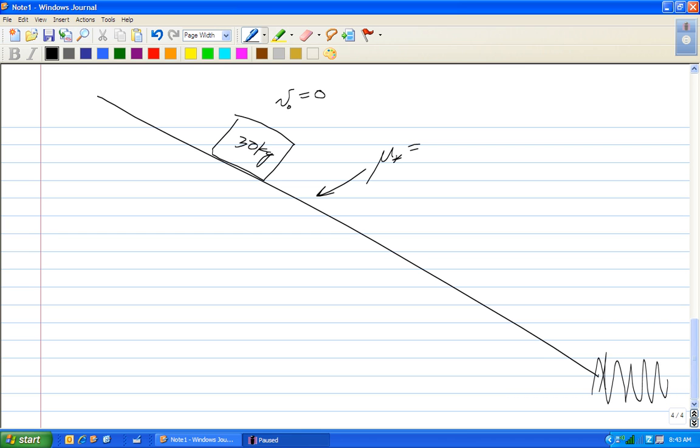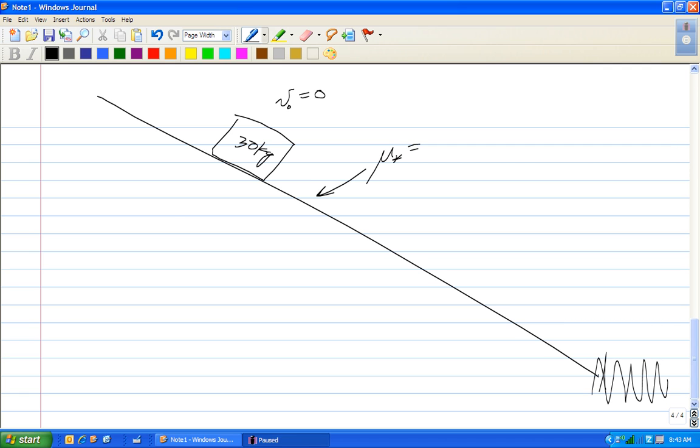And by the way, keep in mind that mu, the coefficient of friction, is always for two surfaces. I can't talk about the kinetic mu of the box, because it depends on what the box is sliding against. So it's the kinetic mu for the two surfaces, which in this case is the box and the incline.